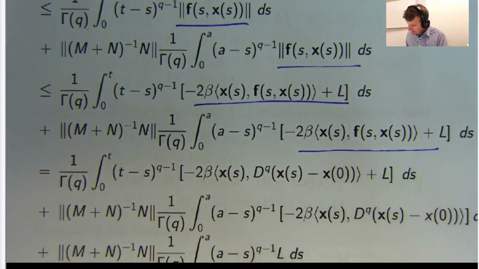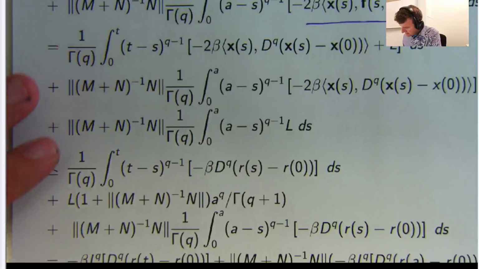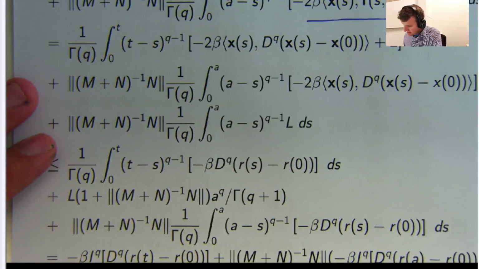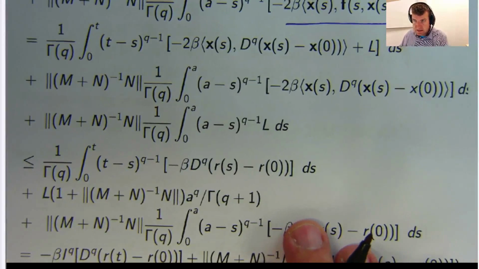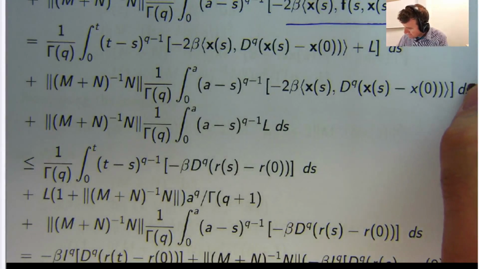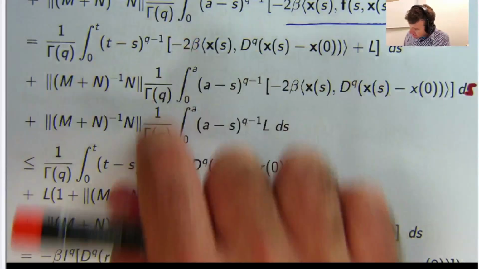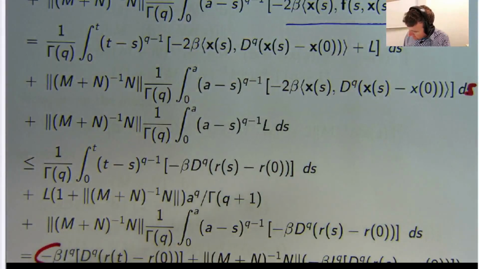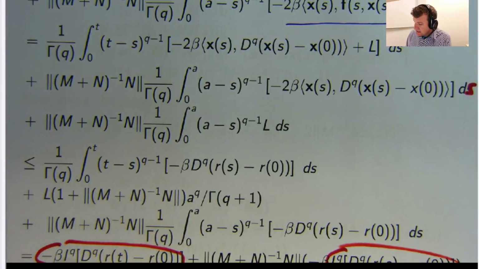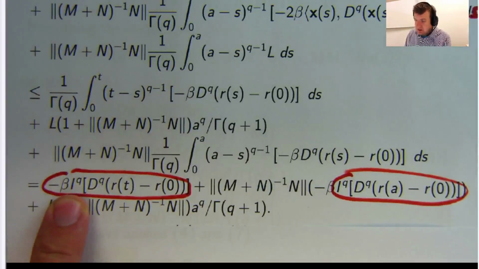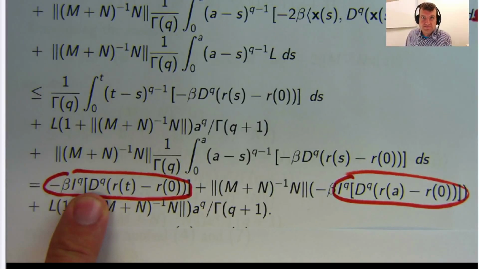Okay, and then you get down to something like this. I know there's a lot of stuff happening here. So that's a ds over there. So if you continue down, you get these expressions here, where now, and I haven't defined this, you actually have the fractional integral of a fractional derivative.